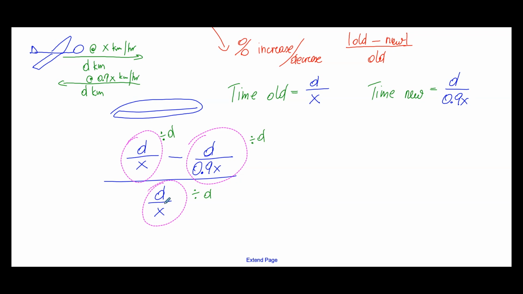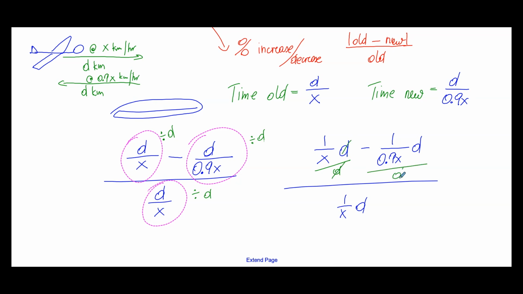Same idea. Let me rewrite it slightly differently. When you have a fraction, what you have on top of the fraction you can bring beside the fraction. If I write divide by d beside each fraction, the d's cancel. That makes it very clear.